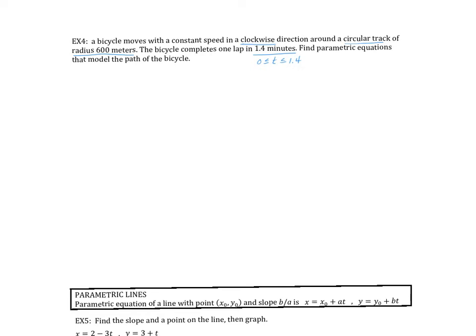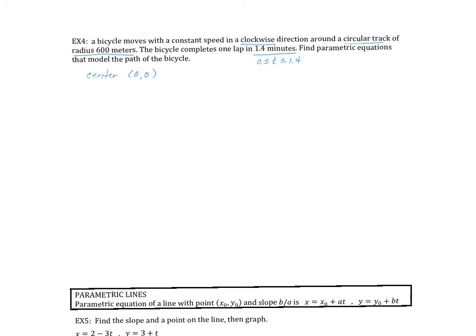Well, it is a circular track, and we have the radius. We don't have the center, but you can choose any center you want. Because we're not given a center, we can choose where that circle is in our coordinate system. So why don't we just choose the simplest center, which would be 0, 0.